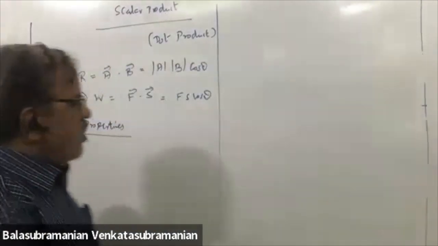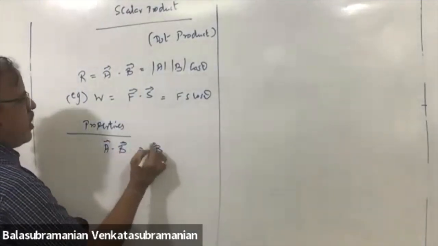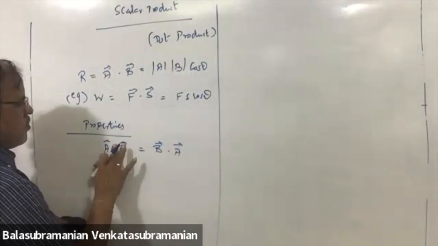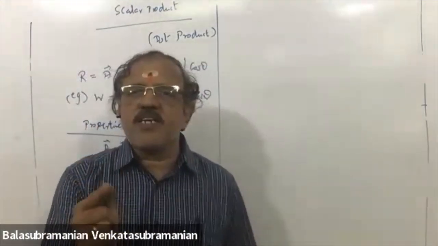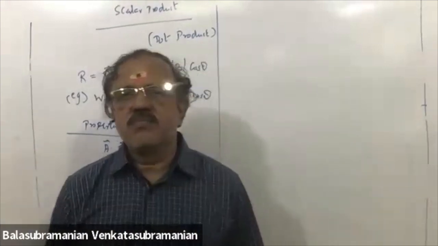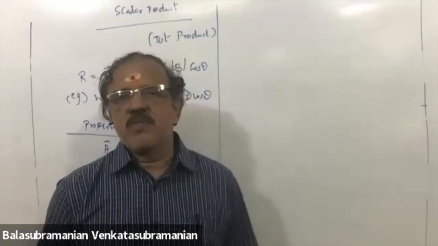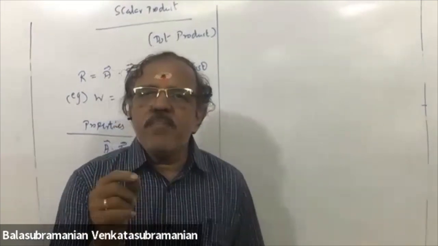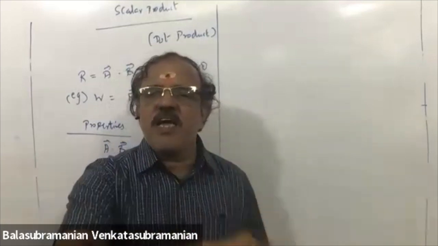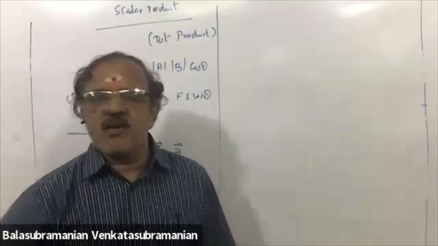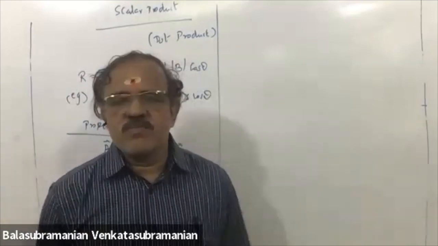A dot B is equal to B dot A. That means scalar product is commutative. A dot B, AB cos theta. B dot A, BA cos of minus theta, because you are changing A dot B to B dot A. Cos of minus theta is nothing but cos theta.